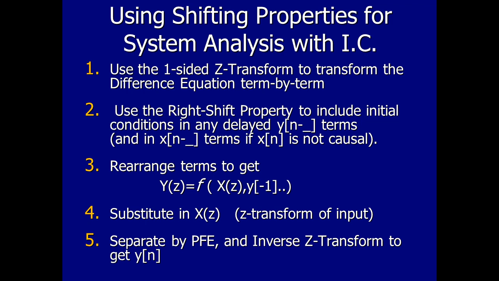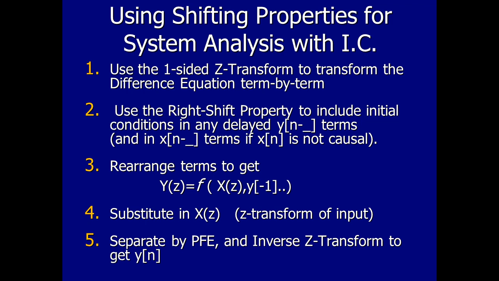There's the forced response. Put in a unit step, I got something like a unit step out. This must be the natural response. And we would call this in our old lingo a total response.